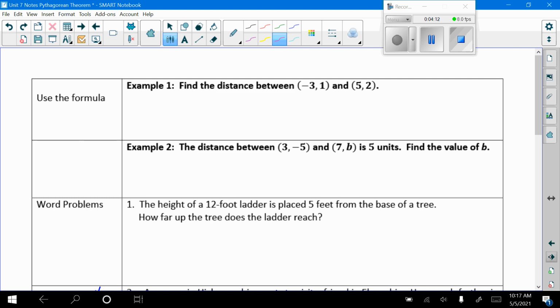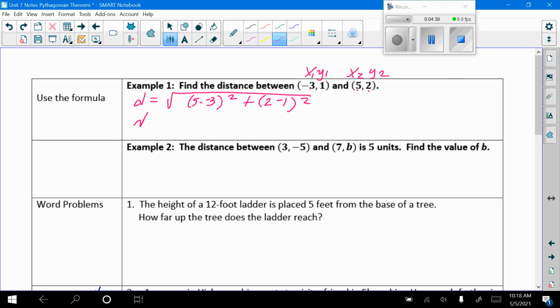Then we get to the next page with some examples. I do want you to try the distance formula. So do label them, x1, y1, x2, y2. And distance is equal to the square root of, go ahead and put in the pattern here. My x's come first, so 5 minus -3, 2 minus 1.